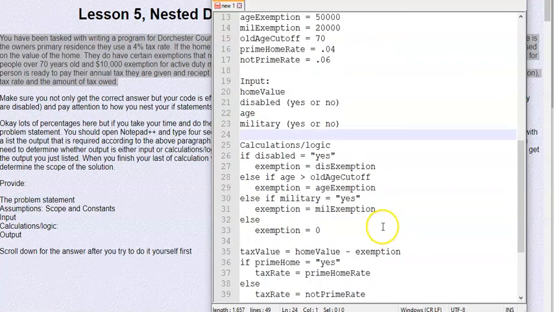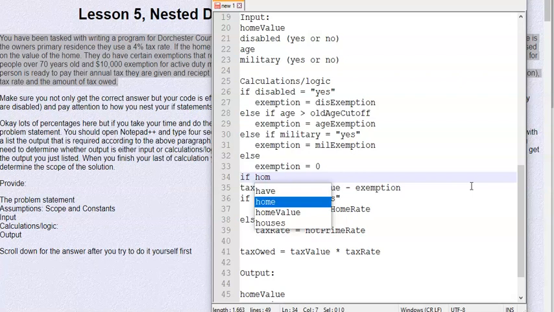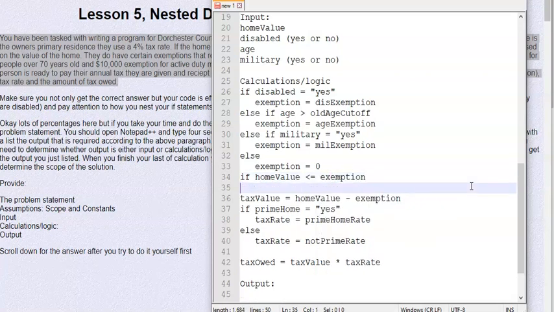Let's take a look at that again. If exemption is less than 0. So what we're going to have is, we should do a decision here, and that is if the home value is less than or equal to the exemption, then tax owed equals 0, although we should probably put, rather than tax owed, let's change tax rate.